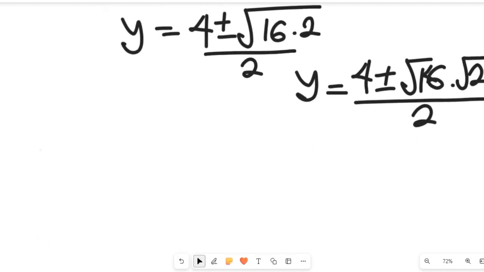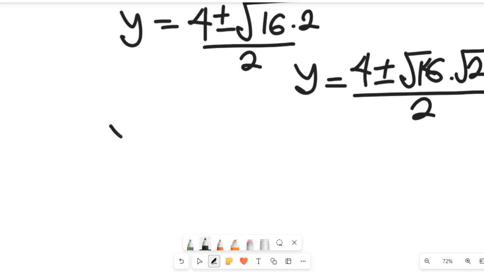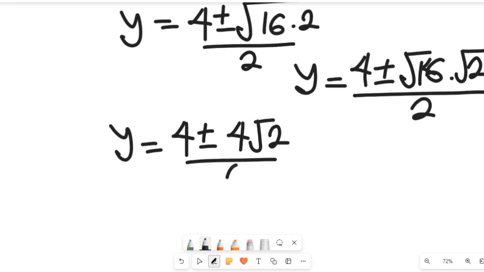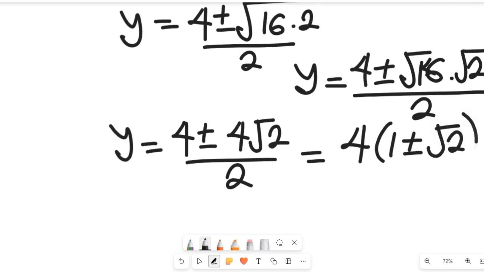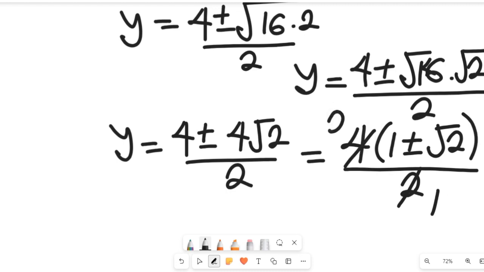So that expression can now give us y equal to 4 plus or minus 4 root 2 divided by 2. And this is going to give us 4 is common. We'll have 4 times 1 plus or minus root 2, right, divided by 2. So if 2 clears 4, we're going to have this become 2.